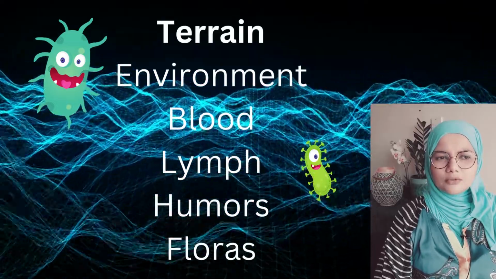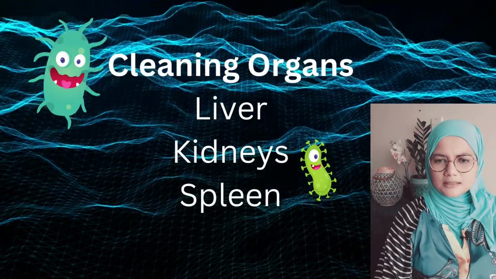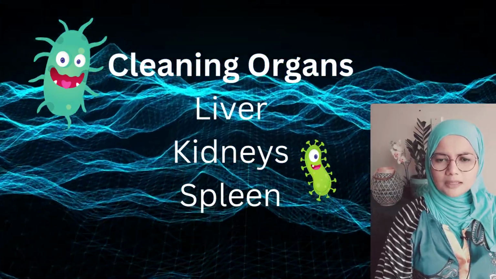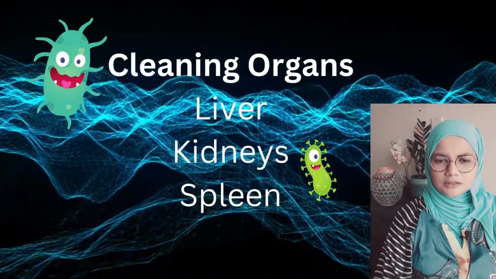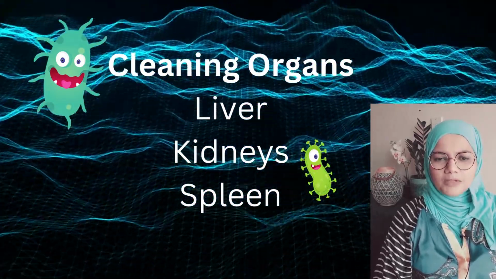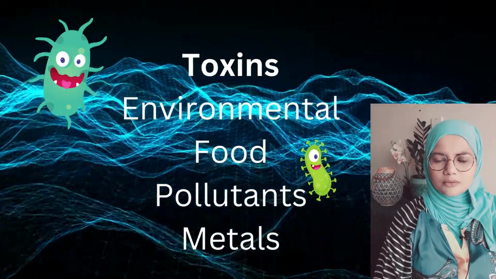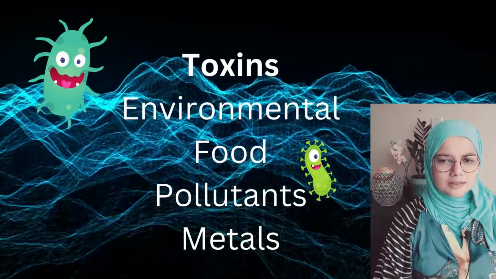And therefore the cleaning organs, the liver, kidneys and spleen, cleanse themselves if they see any toxins in the form of food or environmental pollutants. They tend to react. Let's look at this example.